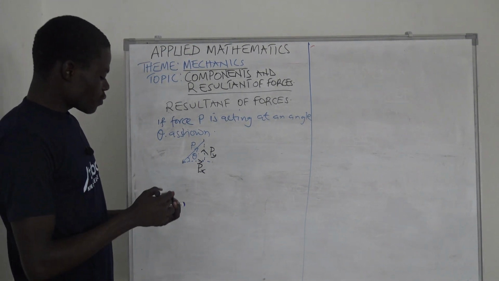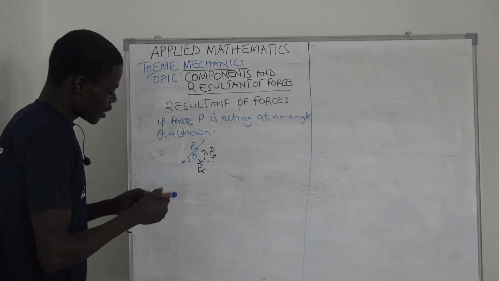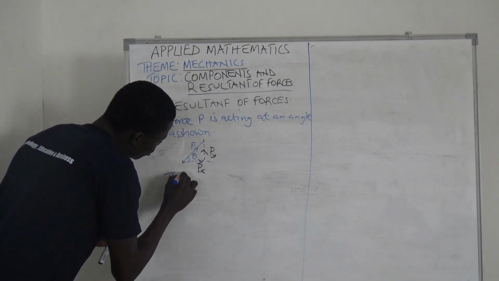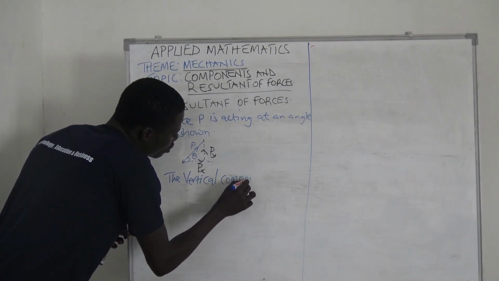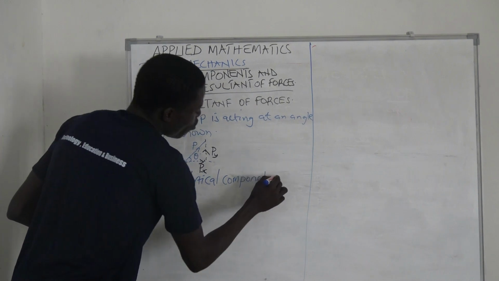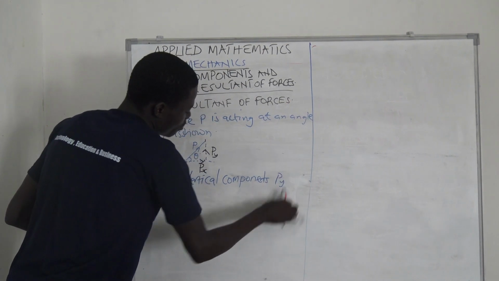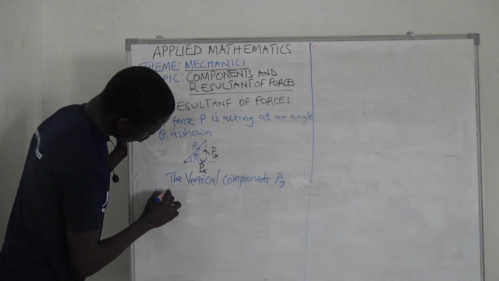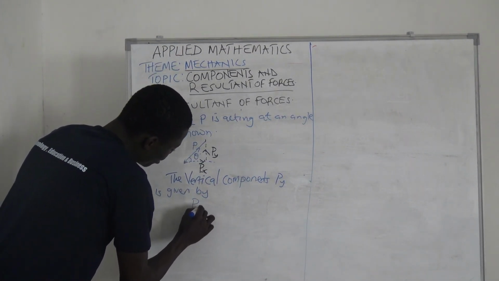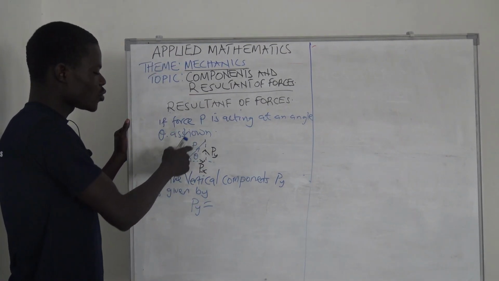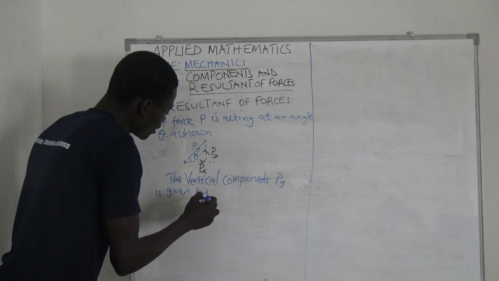So we said if you want to get the vertical component Py of this force, the vertical component Py is given by Py equals, we said it is that force times the sine of its angle.